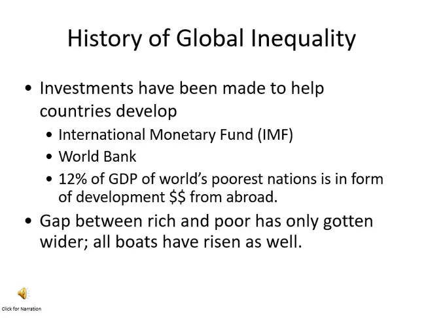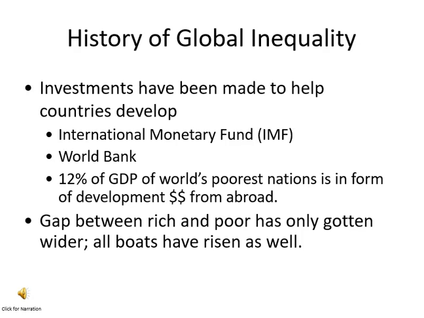So in the history of global inequality, we see that investments have been made by the global community through the IMF, the United Nations, the World Bank, in an effort to promote economic development using a modernizationist kind of paradigm, have invested and made loans to poor countries to help them jumpstart their economies.